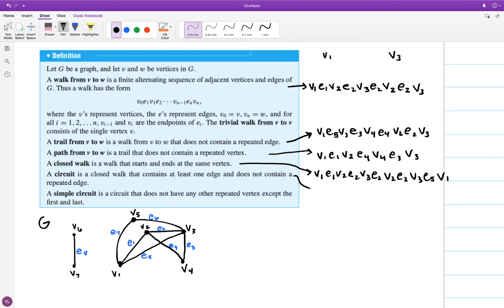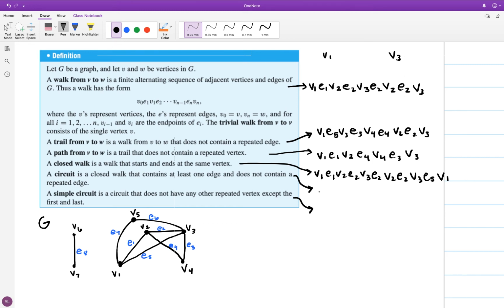Let's talk about a circuit now, and then a simple circuit. So a circuit is a closed walk, so it starts where it ends, and it doesn't contain any repeated edges. We're not going to consider circuits to be trivial, so a circuit needs to have at least one edge in it. But again, a circuit's a closed walk that doesn't repeat any edges.